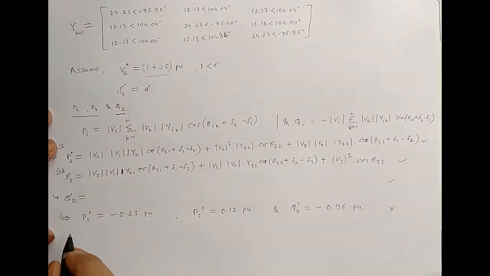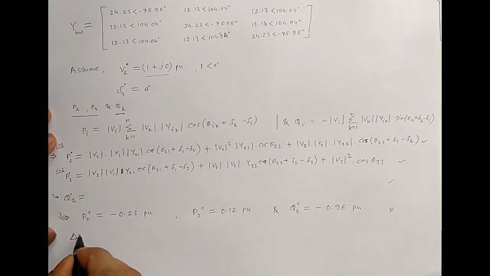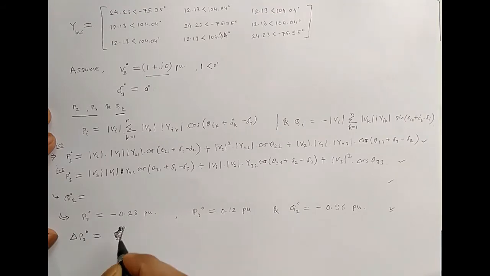Now we have to calculate the power mismatch, or delta. So delta P20, that means in the zeroth iteration, will be P2 specified minus P20.